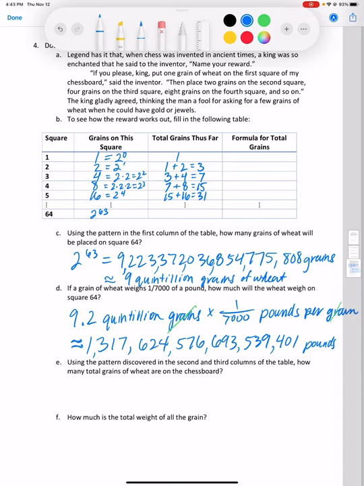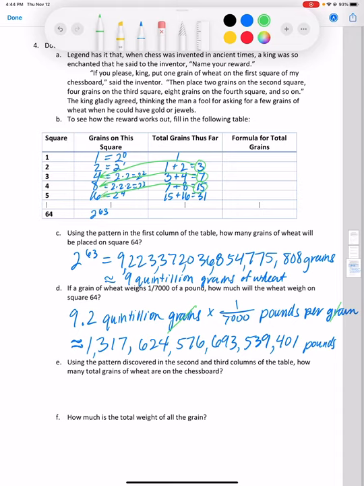So how many grains will be on square number 64? Okay, so let's see for patterns again. Notice that the total number is the same as the one in the future minus 1. 7 is 8 minus 1, and 15 is 16 minus 1.